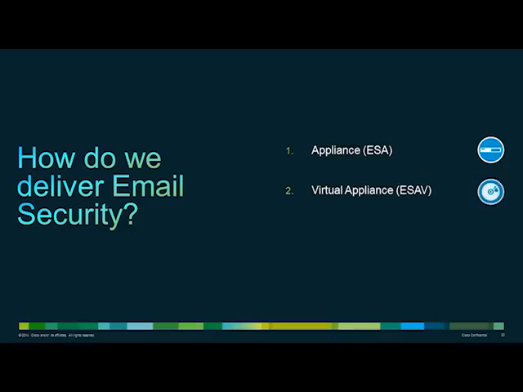Secondly, the same solution can be deployed as a virtual appliance, supported on Cisco Unified Computing Server Platform, an economic and flexible deployment method for the data center or customer with applications converged into virtualized servers. Finally, Cisco Cloud Email Security, giving a number of managed, subscription-based solutions hosted in the cloud. Let's take a look at each of these options.